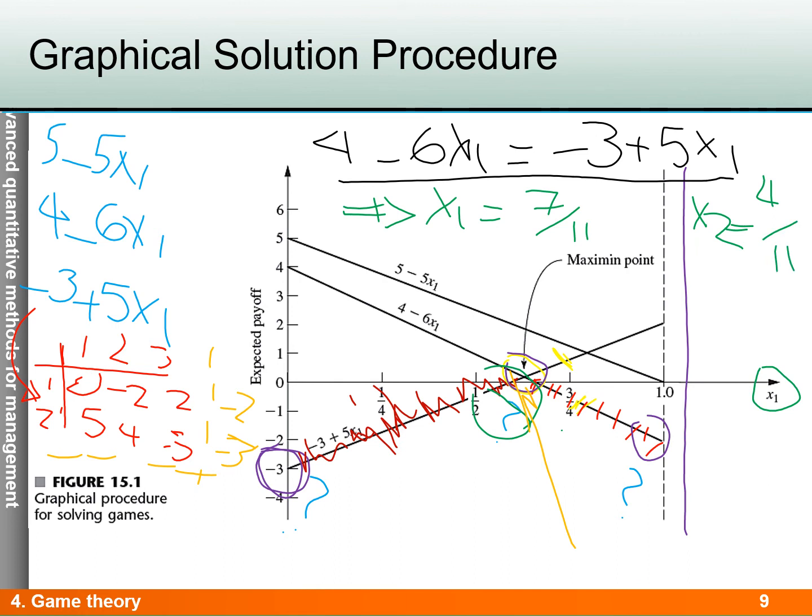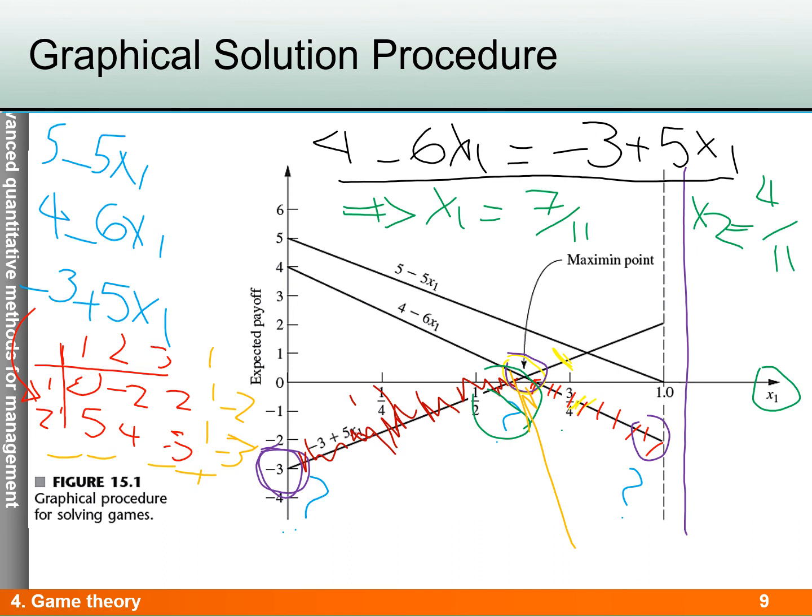Easily I could solve and find these probabilities, okay? Now I have x1 and x2, but it means that with the probability of 7 divided by 11 of the first strategy and the probability of 4 divided by 11 of the second strategy are the strategies of this player, okay? The mixed strategies of this player.